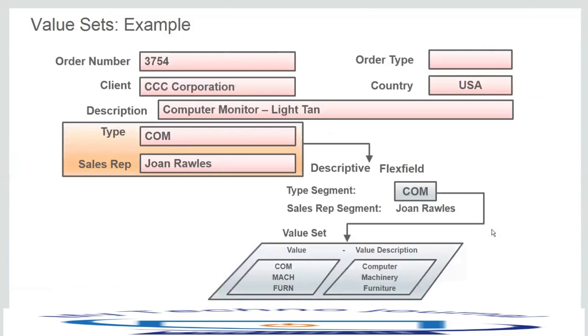So you could see the value set for type is COM, MAC, and FURN, that is computer, machinery, and furniture, and the selected value is computer.